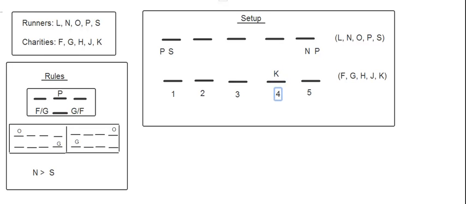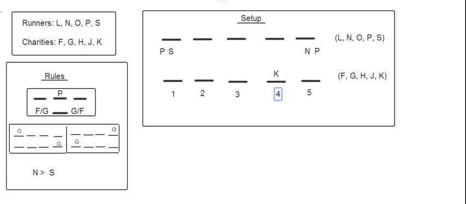So for sure, we know that F and G cannot go in spot 4. Is there any other spot where F and G cannot go, and it's going to be related to the fact that K is in 4? Okay, so is there another spot where neither of them could go, and I'm telling you that it's related to the fact that K is in 4?